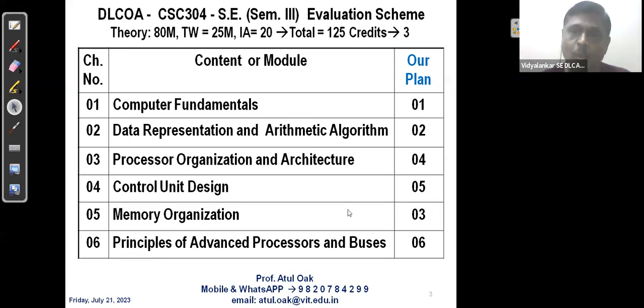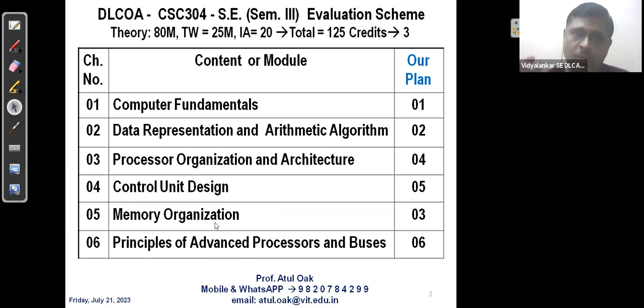The main reason why this sequence is slightly changed: if you want to study module 3 and 4, and of course module 6, because those are the advanced techniques, you have to know about memory organization.